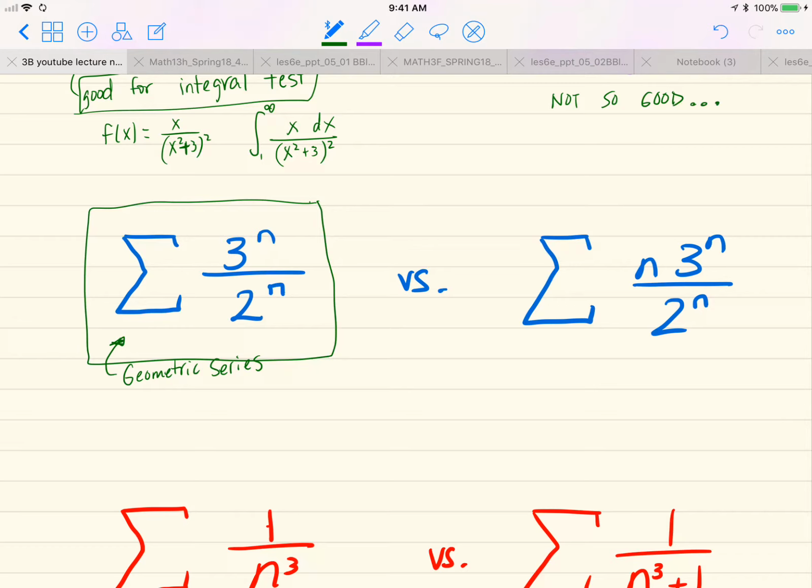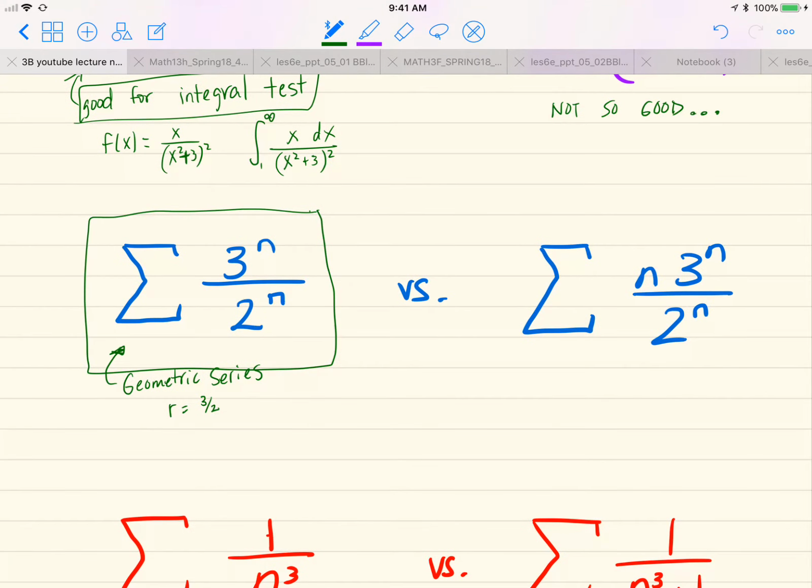We also could use the nth term divergence test. On the right-hand side, we've got another series very similar to a geometric series, but we can't use the geometric series test because we have this factor of n in front.